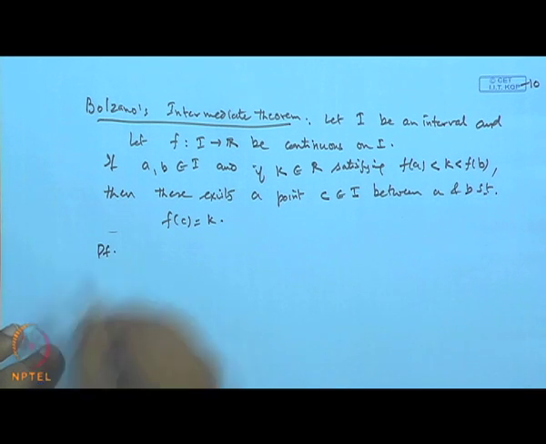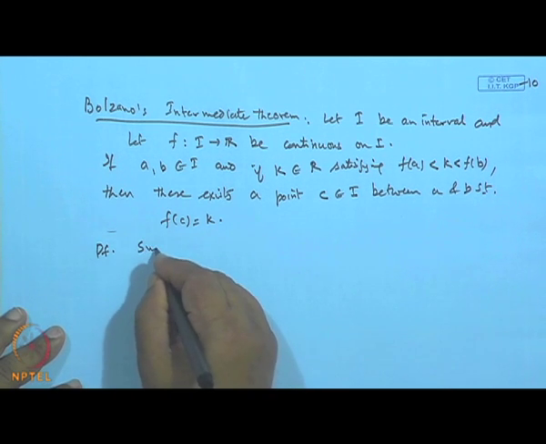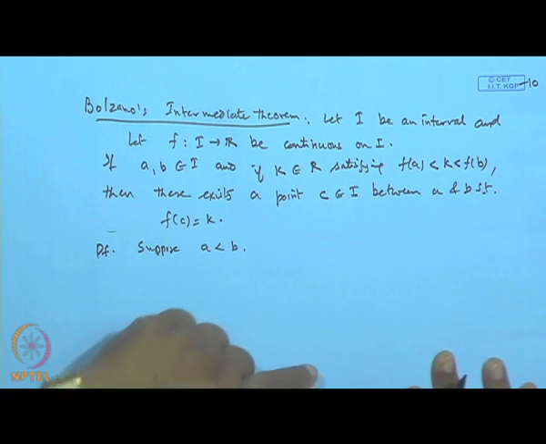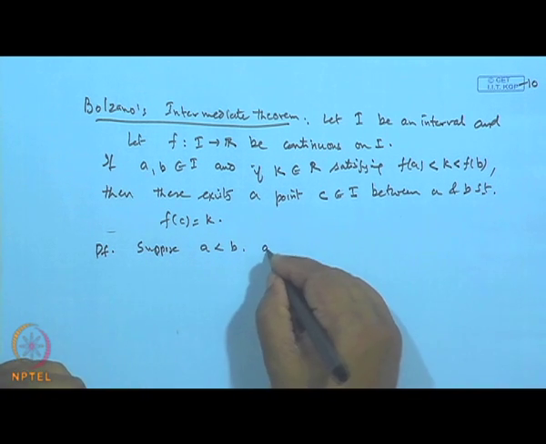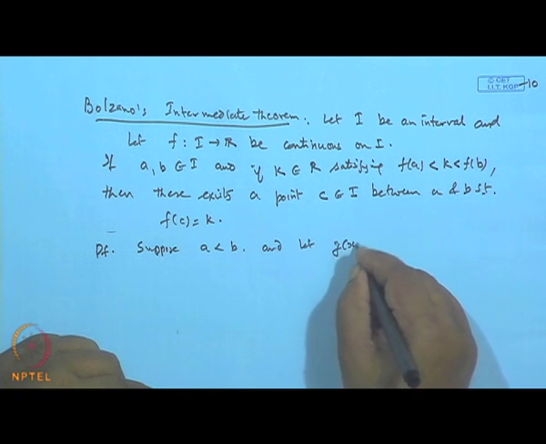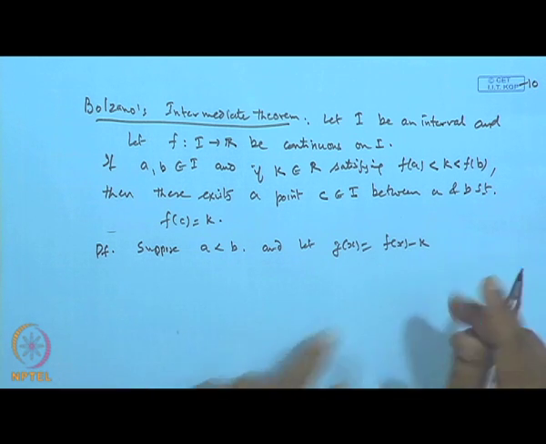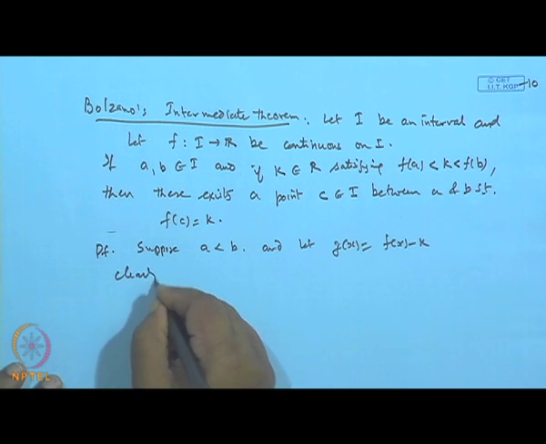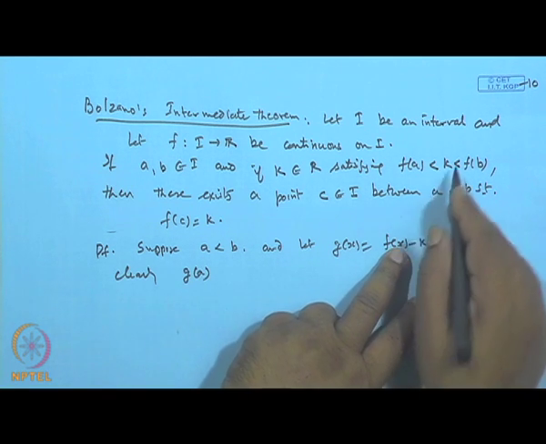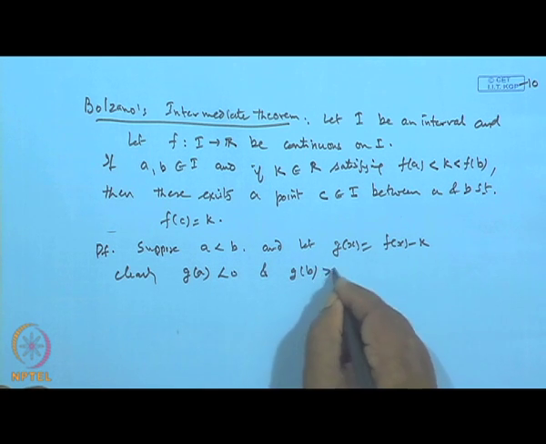The proof of this is like this. Suppose that a is less than b. Let us take this one first. Let g be defined as g(x) equal to f(x) minus k. If we look at this function, then clearly at the point a, g(a) is f(a) minus k, which is negative, and g(b) is positive.